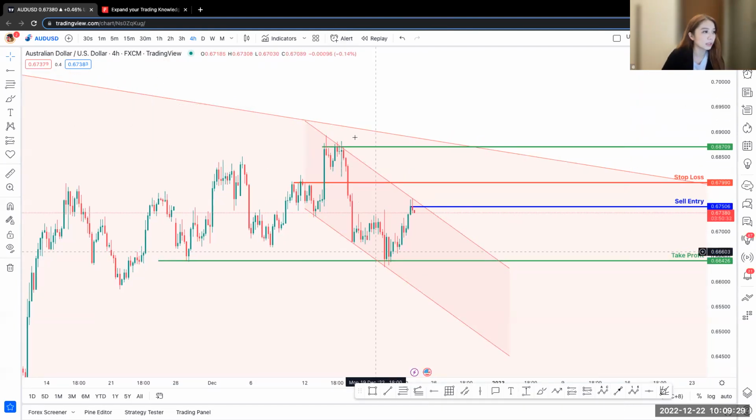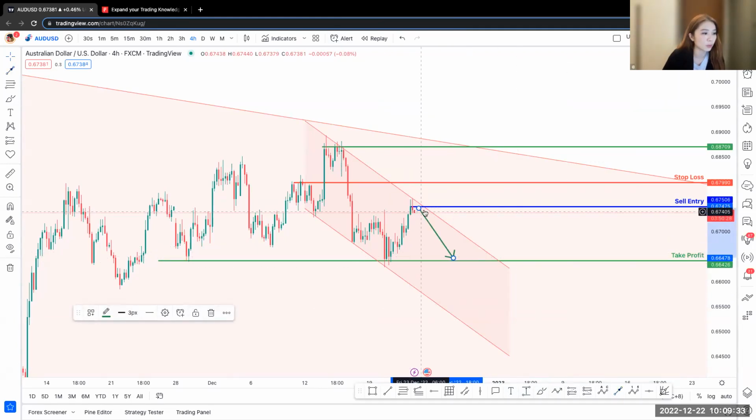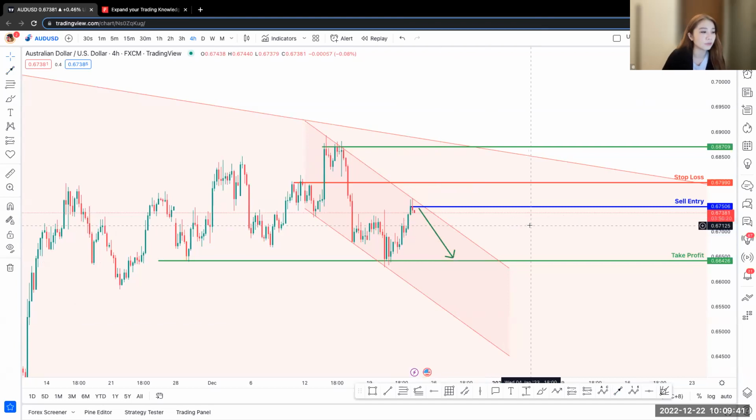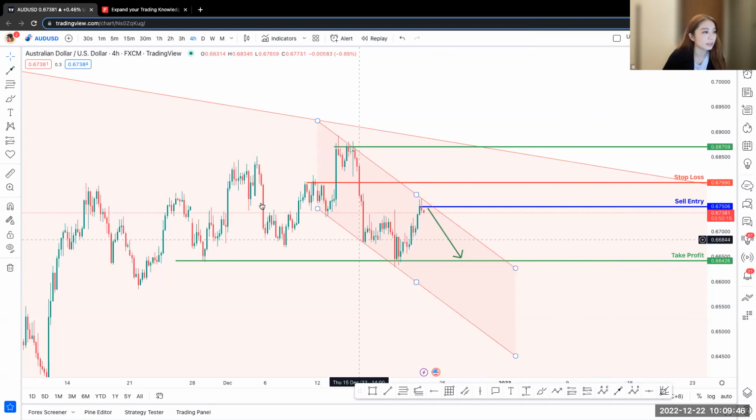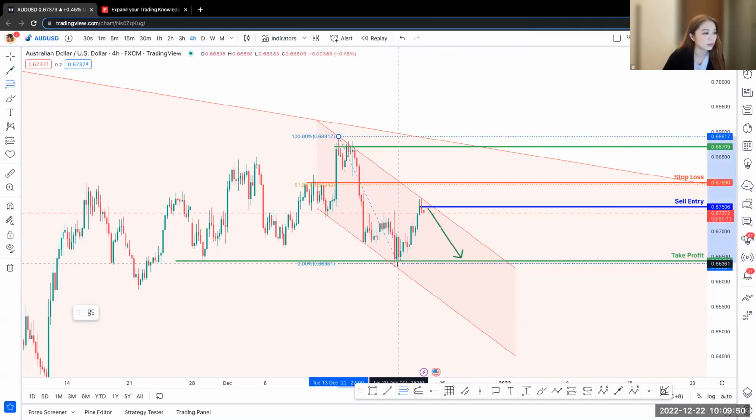I'm looking at a short-term downward drop, and if price eventually drops beyond this take profit, you could go in for another sell until the next support line. So we are looking at this current stop loss at 61.8.